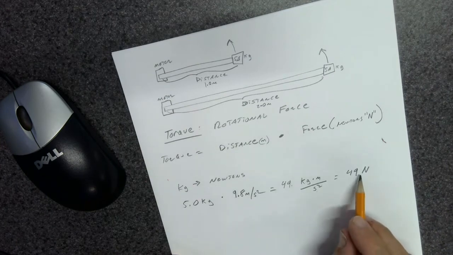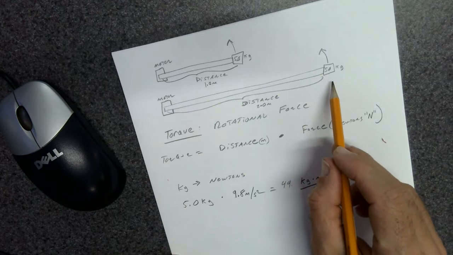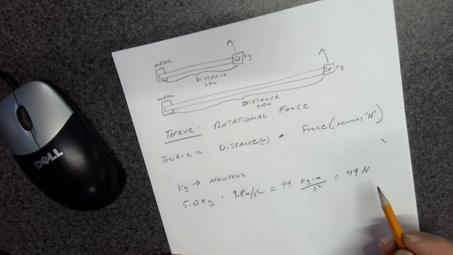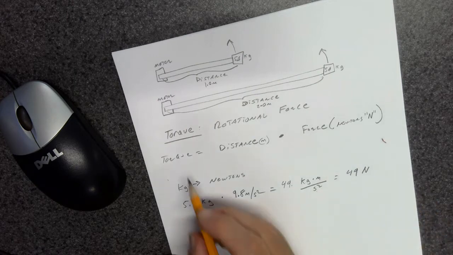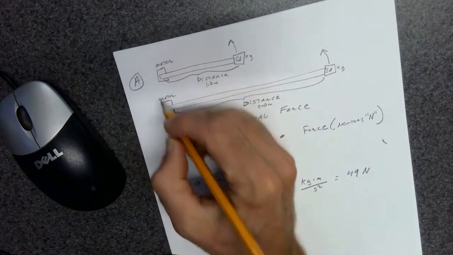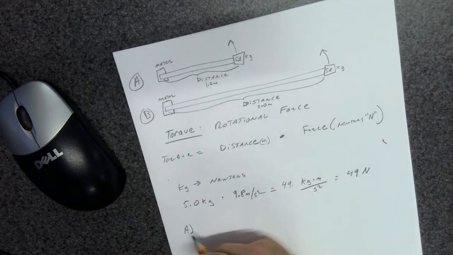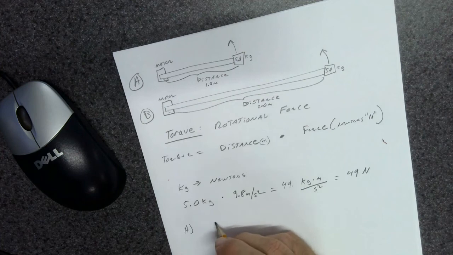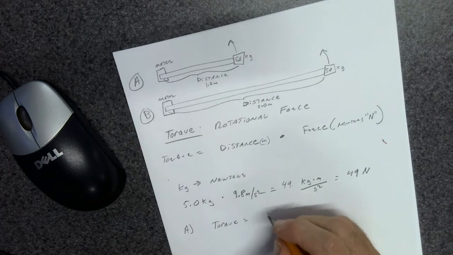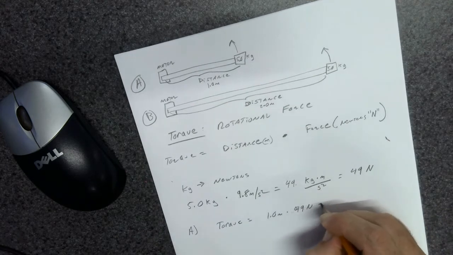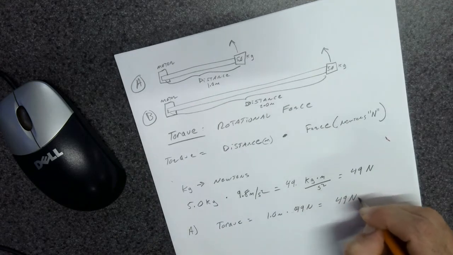Okay, and that's the force, that's the weight of the object, and that's how much force is required to move the object basically in any direction. You're going to need 49 newtons of force. Okay, so now if we consider this scenario A, and this is scenario B, and we say let's calculate the torque required for A, torque is going to equal 1 meter times 49 newtons, or 49 newton meters.